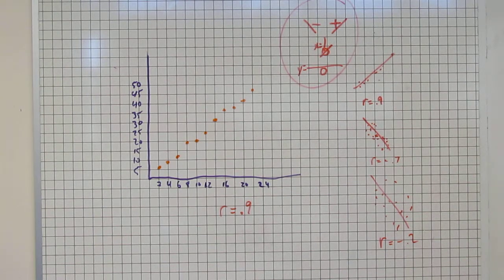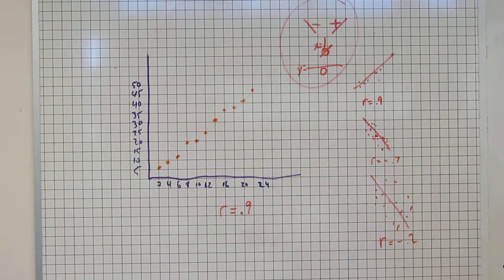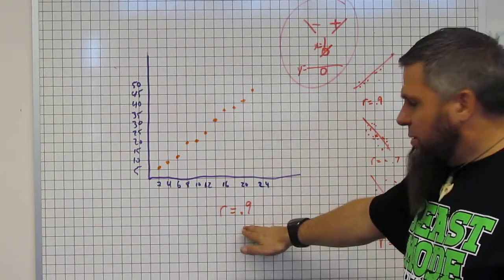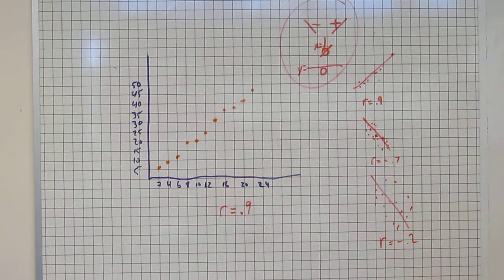The correlation is positive or negative, and in this case it's a strong correlation because it's more than 0.7. Anything more than 0.7 is a strong correlation. Anything less than 0.7 is a weak correlation, and almost no correlation would be something under 0.2.